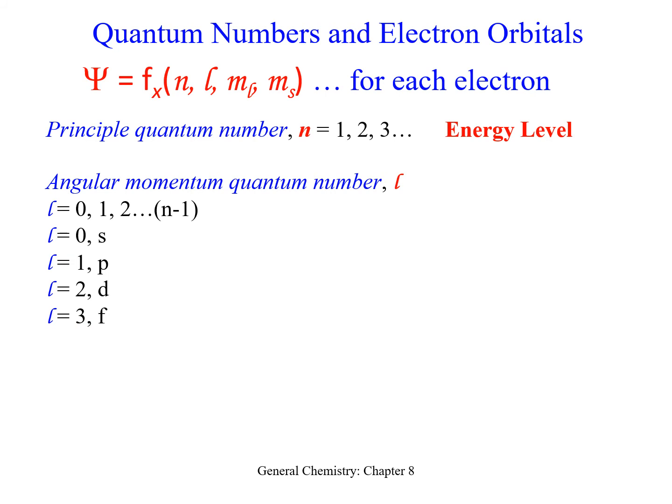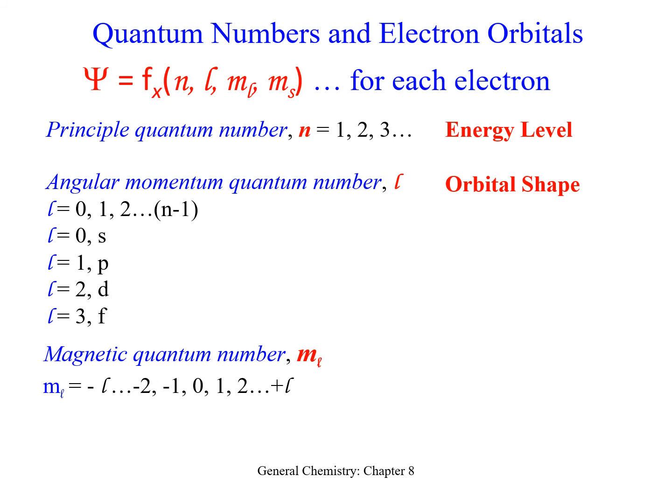So there's only 4 that you need to know: s, p, d, and f. And this is the angular momentum quantum number. Angular momentum quantum number describes the type of orbital that it is: s, p, d, or f. So that's the orbital shape. And the type of orbital is determined by its shape. And we'll talk more about shapes in just a little bit.